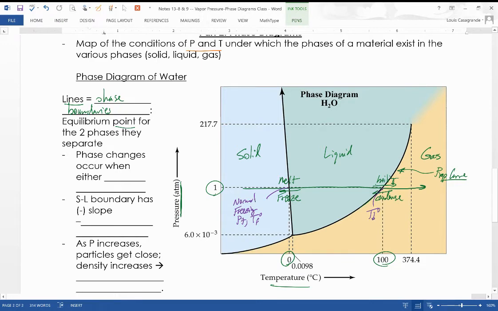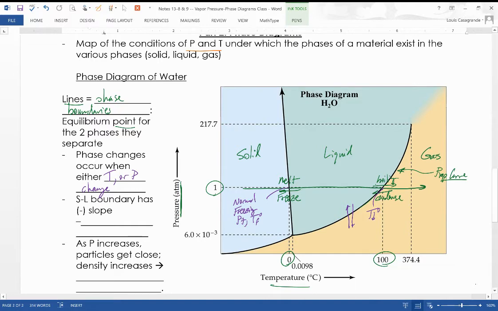Okay, so on this phase diagram, you can change phases when you change the temperature, as we're showing you there, or the pressure. So you can change phases by moving up and down, changing pressure as well. If I go up or down, I can condense or I can evaporate.